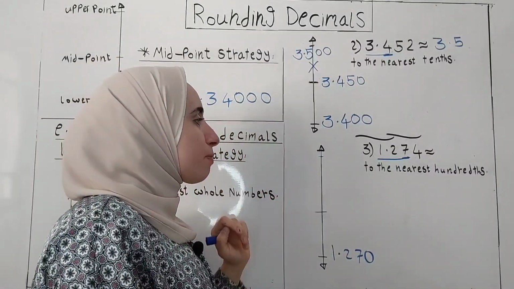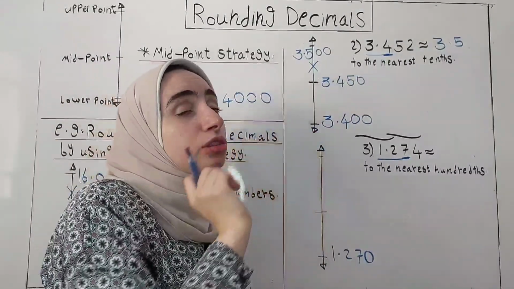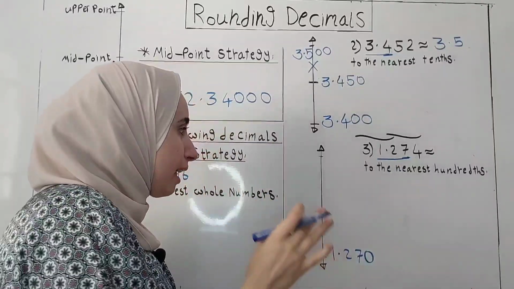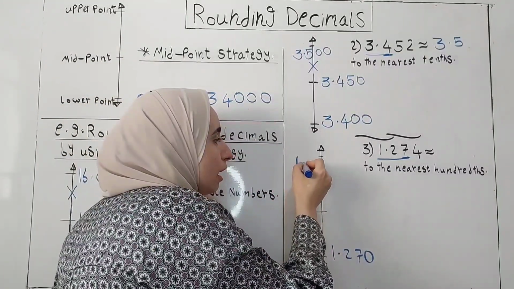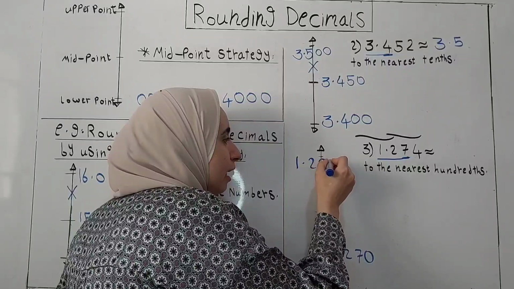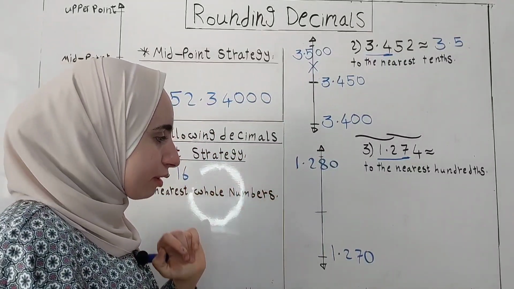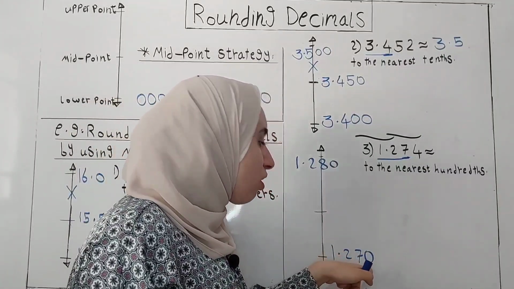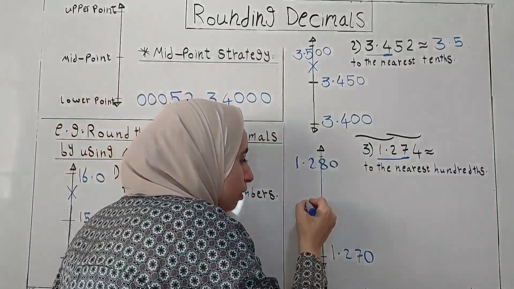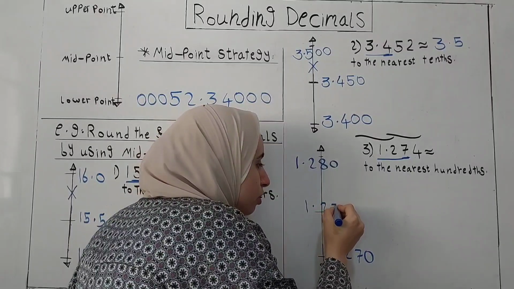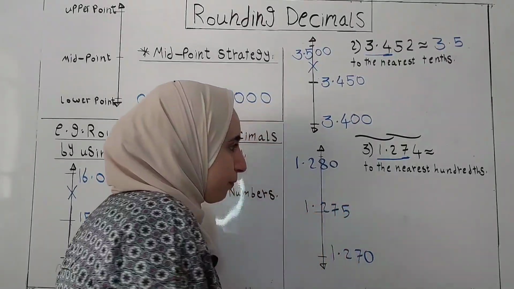Now to write the upper point, we add 1 to the digit 7. It will be 8. So we write 1.28 and also 0. Now to write the midpoint, we replace this 0 with 5. So we put 1.27 and 5.